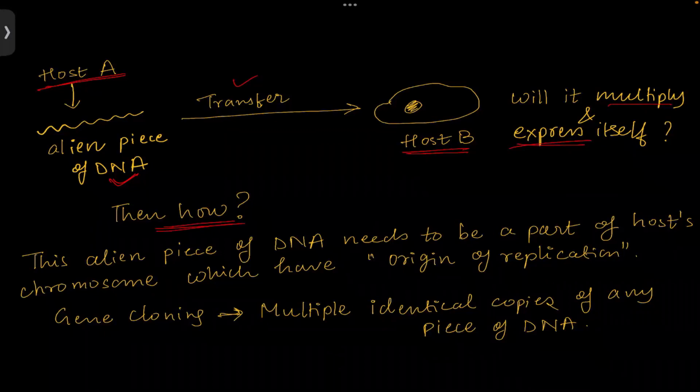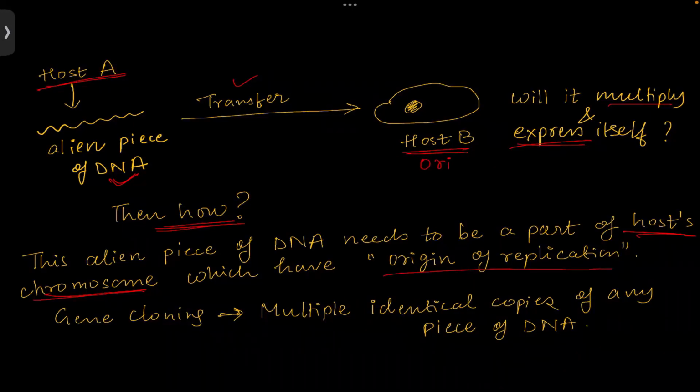For this to happen, this alien piece of DNA needs to be a part of the host chromosome, because in the chromosome of host B there is something called ORI, or origin of replication.